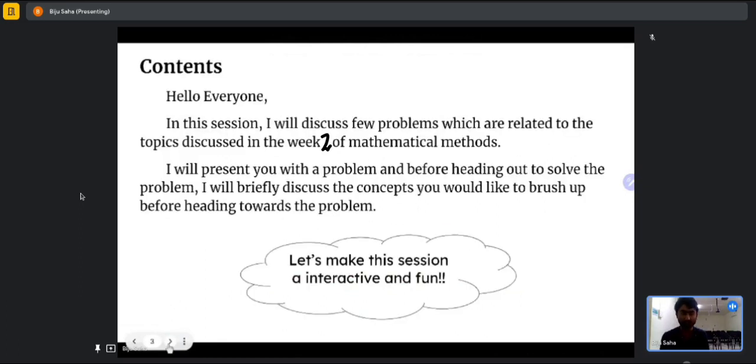For the people who are already aware of the rules I follow in the interaction session, I intend to discuss a few problems related to the topics discussed in week 2 of Mathematical Methods in Physics, that is, the previous week.